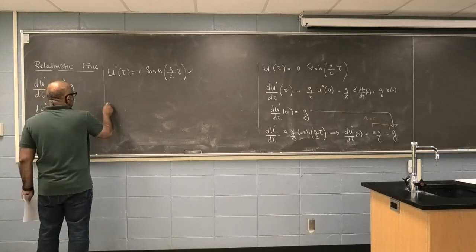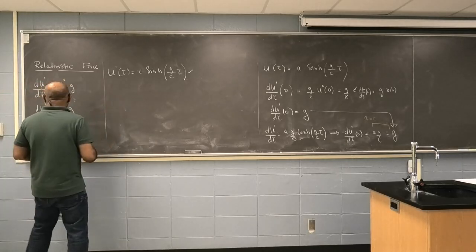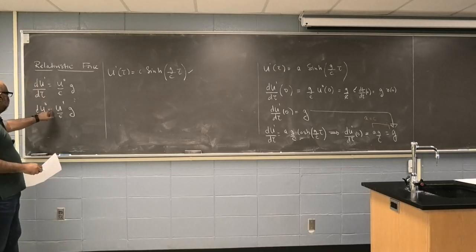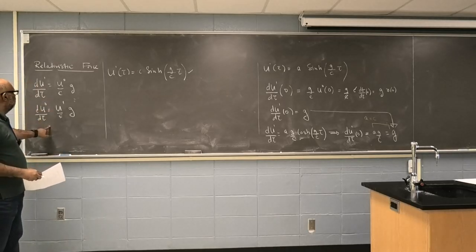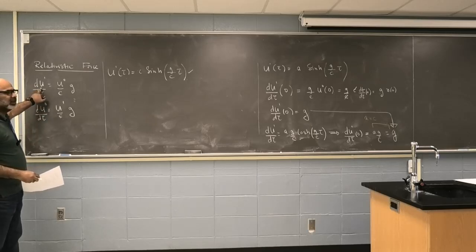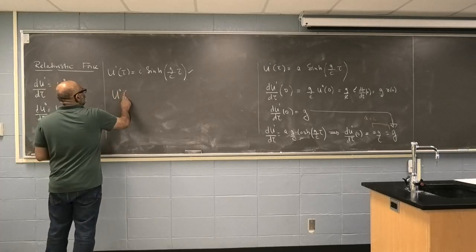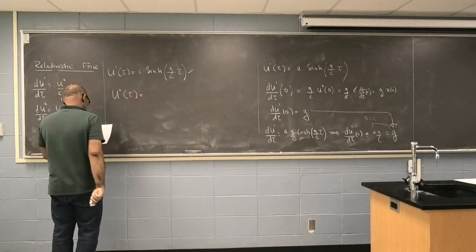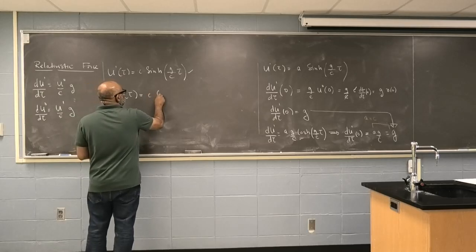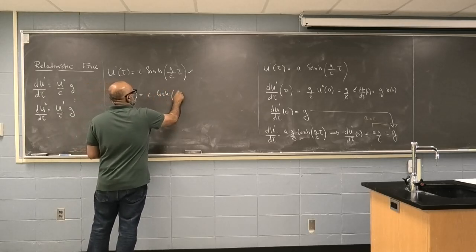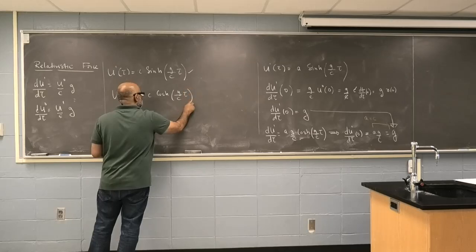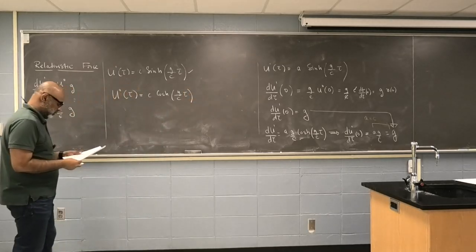Take the derivative, right? Well, to get u0, I would take the integral. Or you could take the top part and stick it in there. But when you do, you would get u0 of tau equals c cosh of g over c tau.